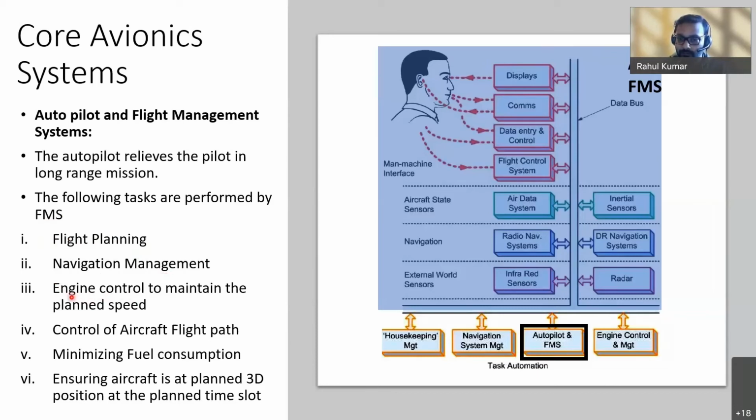Again, it will also control and maintain the engine. During the flight, it will control the flow of fuel and minimize the fuel consumption. When the flight takes off, it is heavy because the tanks are full. It is carrying the most amount of weight. But as it flies towards the destination, it will burn the fuel, right?